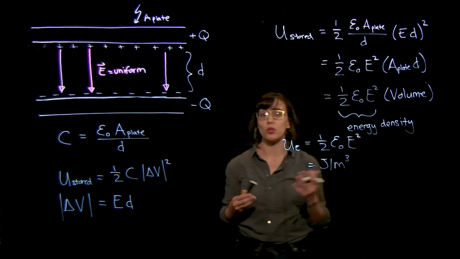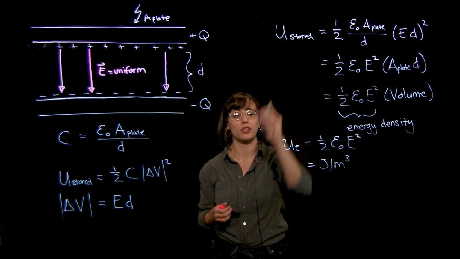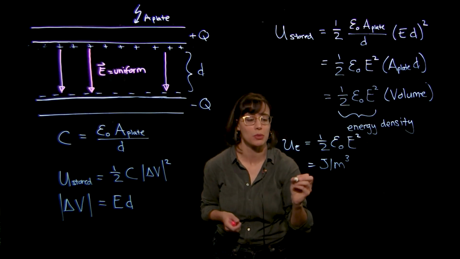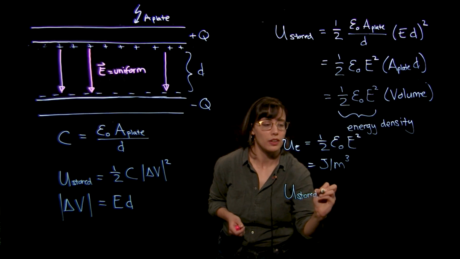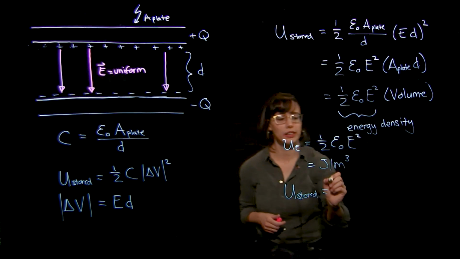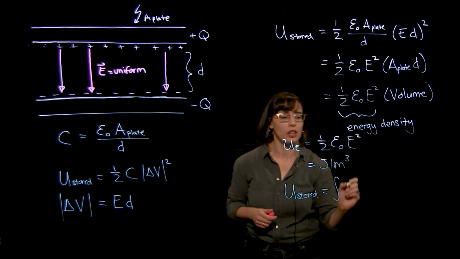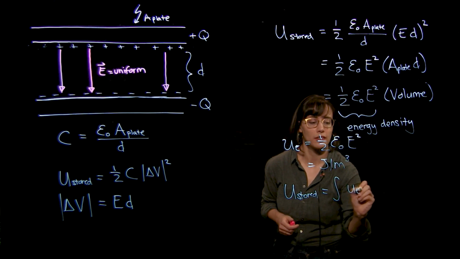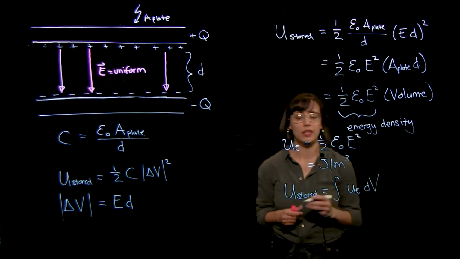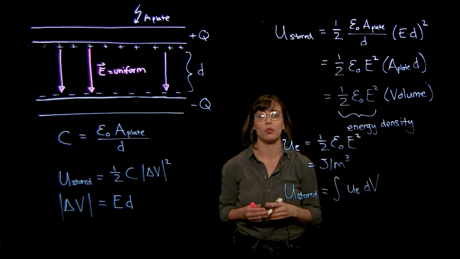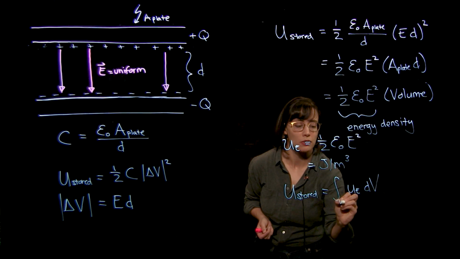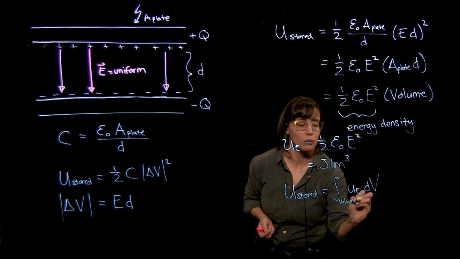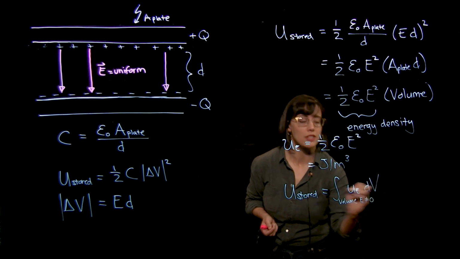And so in general, if you want to find the energy that's stored in your capacitor for any generic geometry, you would say that the energy that's stored in your capacitor is then equal to the integral of this energy density times the volume. And let's stop and think what volume we're integrating over. You want to integrate over the volume where the electric field is non-zero.